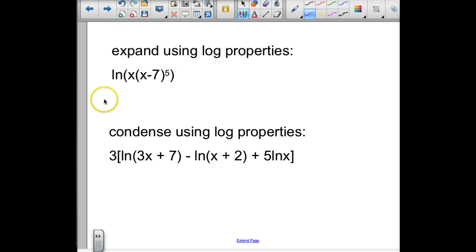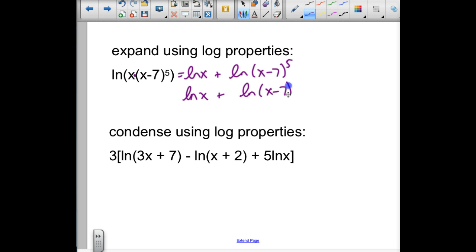So let's use those log properties. Let's expand the natural log of x times x minus 7 to the 5th power. First, we're going to deal with this product here. Natural log of x plus natural log of x minus 7 to the 5th. Then we're going to deal with that power. The property says we can put the power out in front, but just in front of the quantity that is raised to the 5th power with the natural log, so that 5 is just going to go here.